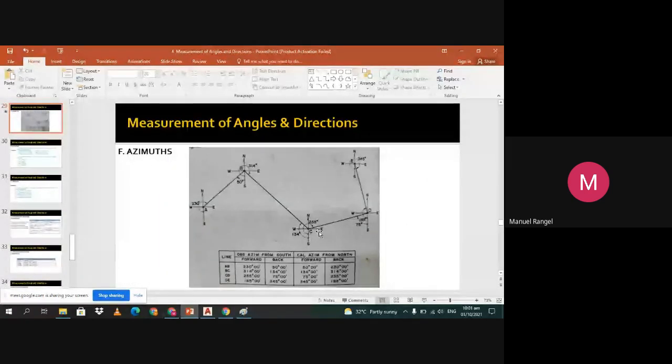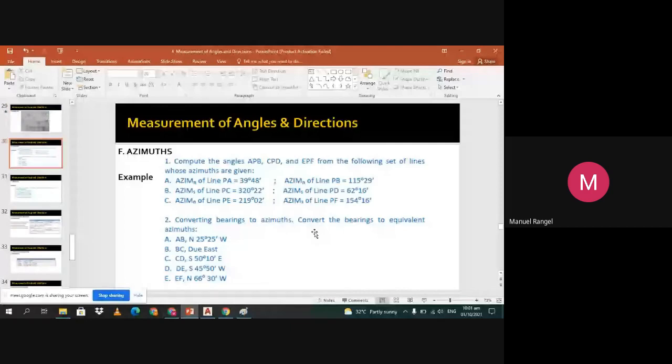So we have some examples. Compute the angles APB, CPD, and EPF from the following set of lines whose azimuths are given. From north, the azimuth of line PA is 39 degrees 48 minutes.